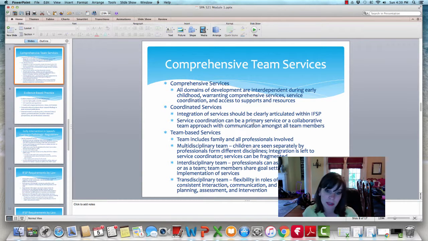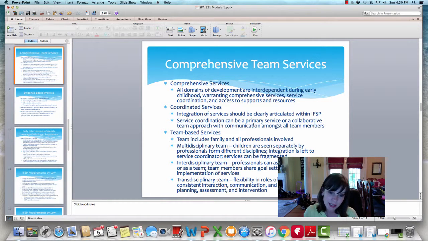An interdisciplinary team is where professionals can assess independently or as a team, but the team members share goal setting and implementation of services. So I might do my SLP assessment, the PT might do their assessment. We come together after our assessments are complete to write goals that are in coordination with each other and provide the service with the SLP and the PT together with the family.